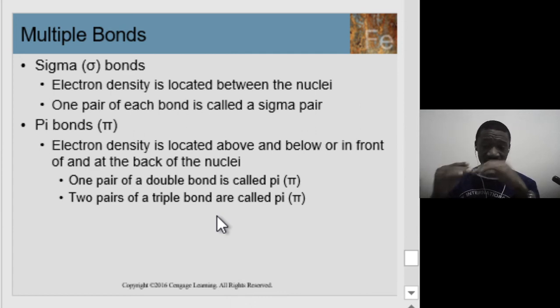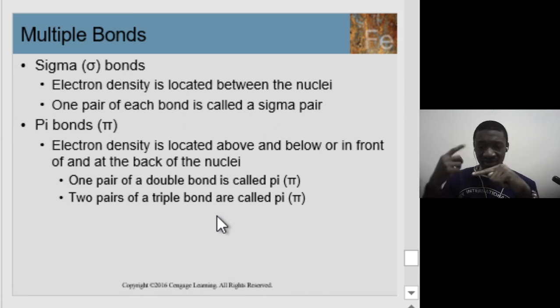That's the normal bonding that we see around. Then the electron density located above or below, in front or at the back of the nuclei is the pi bond.